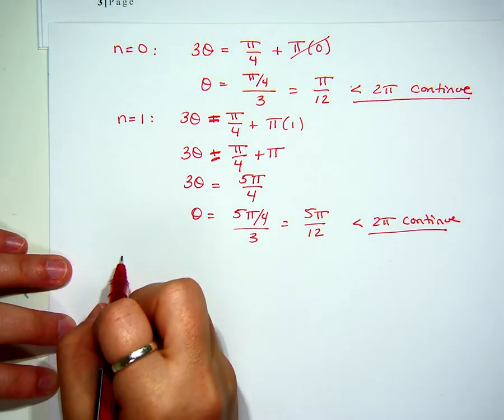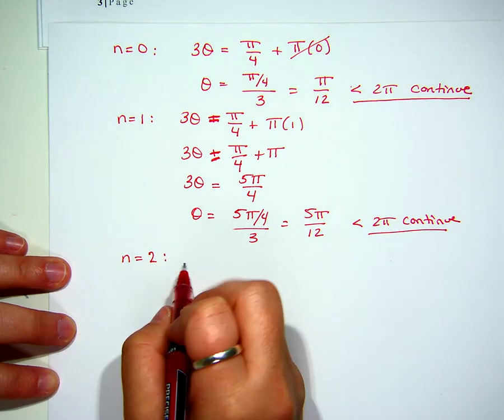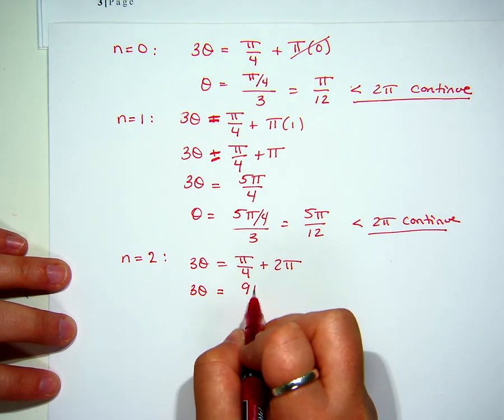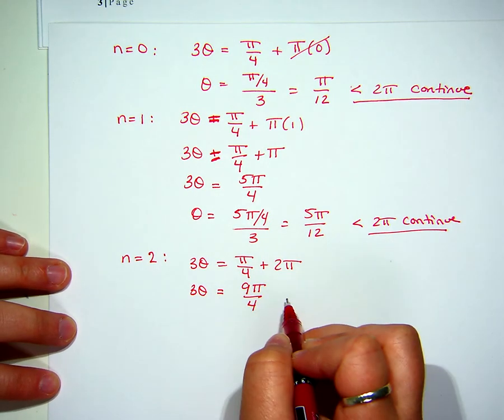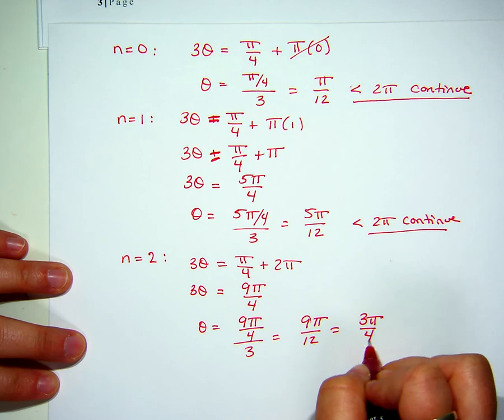Alright, so now let's let n be 2. It means I have 3 theta equals pi over 4 plus 2 pi. 3 theta equals 9 pi over 4. Theta equals 9 pi over 4 over 3, or 9 pi over 12, or 3 pi over 4.